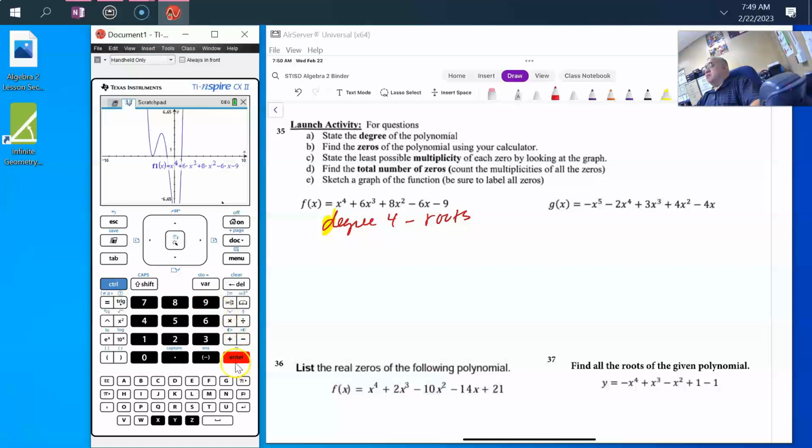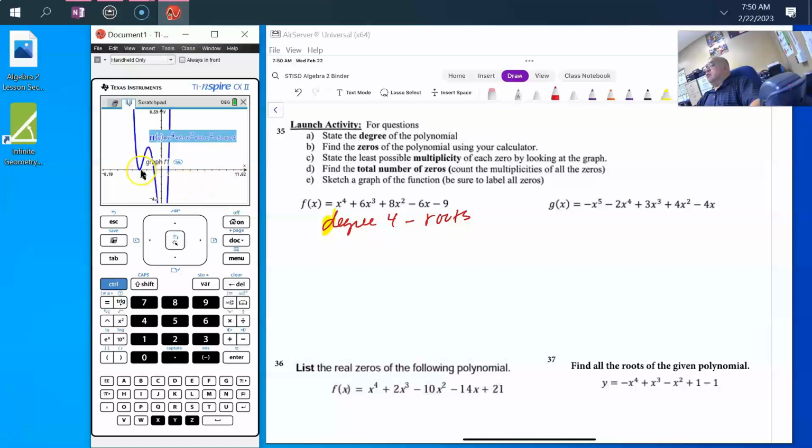Enter. I'm going to make sure that I have this calculator graph correctly. So it's x to the 4th, 6x cubed, 8x squared minus 6x minus 9.